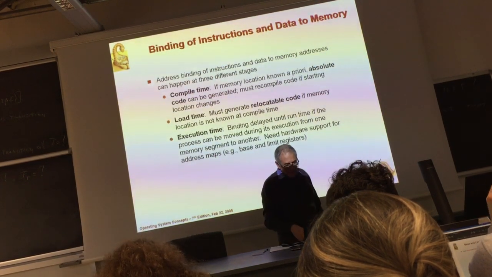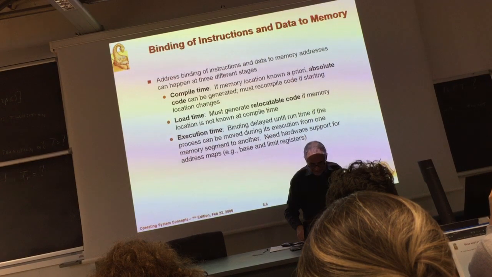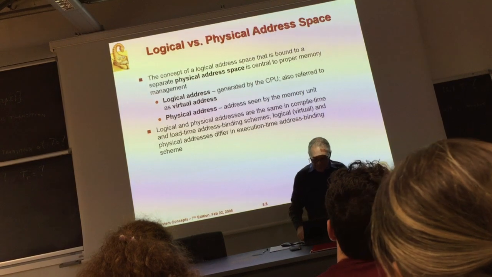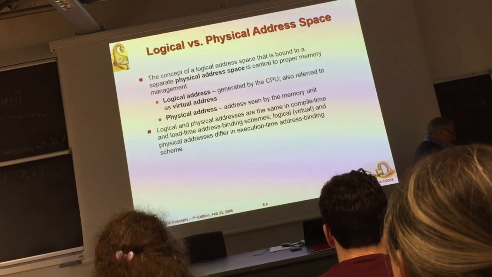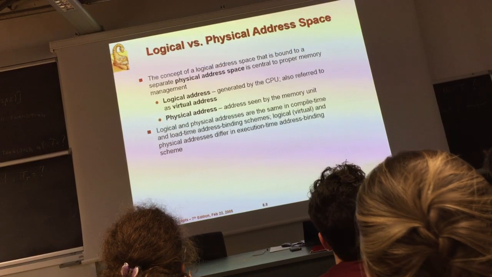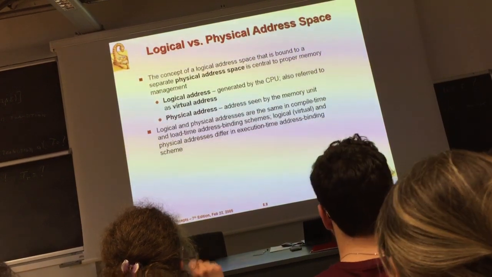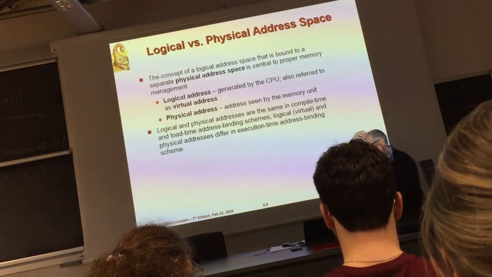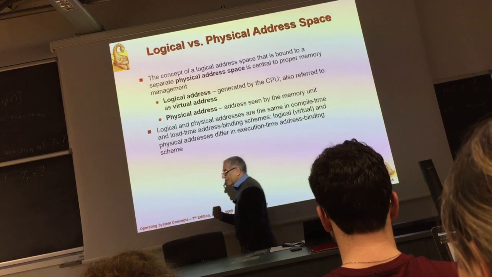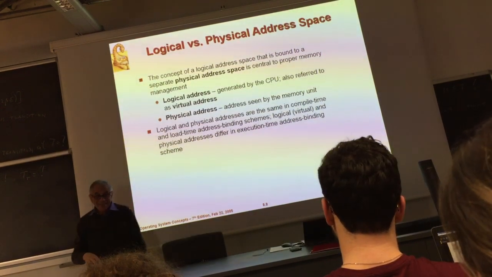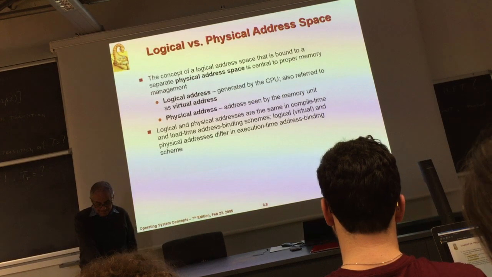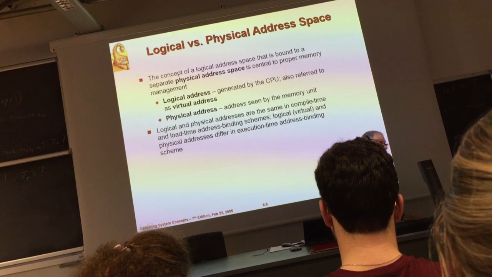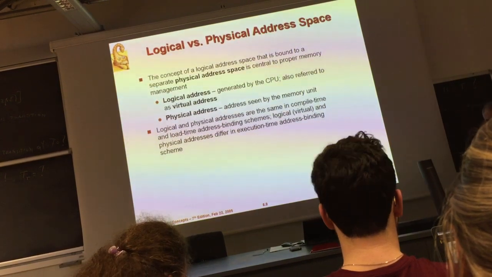Let us go on here. What does generating relative to zero addresses mean? It means that a programmer and a compiler see the location of the instructions and of the data as logical addresses.